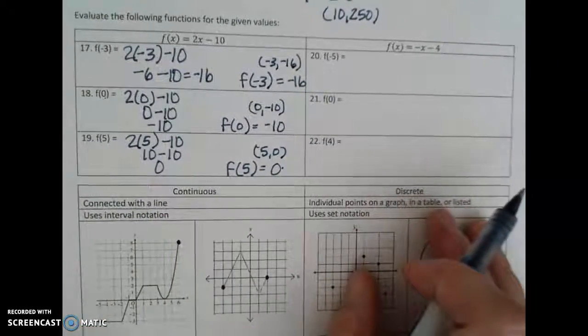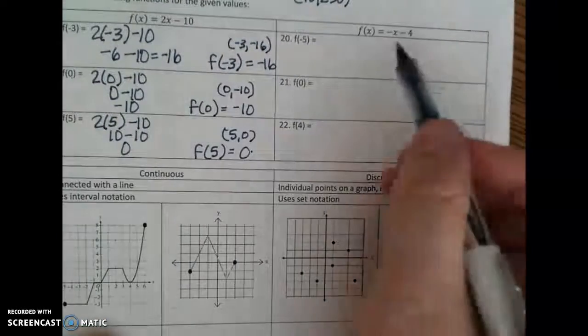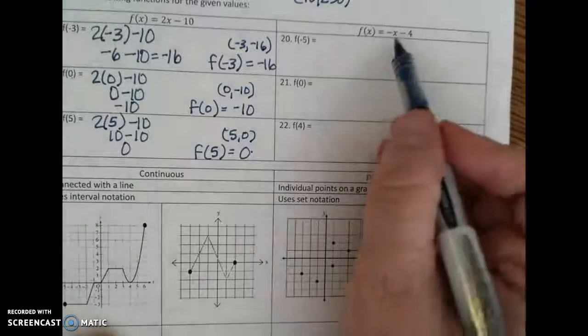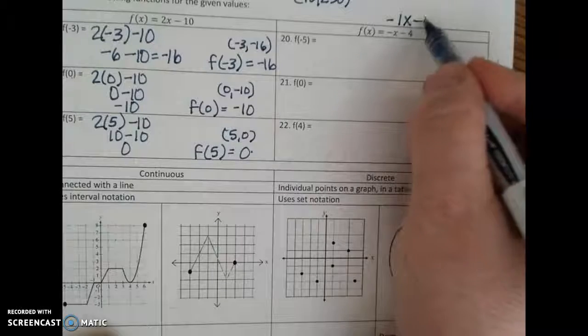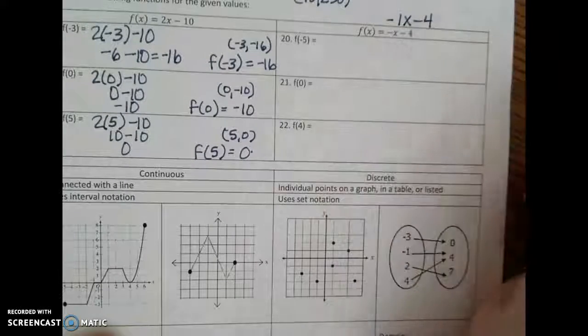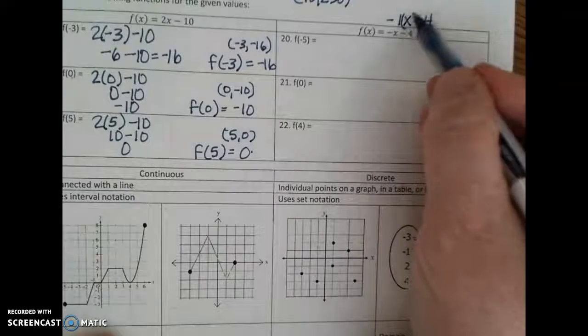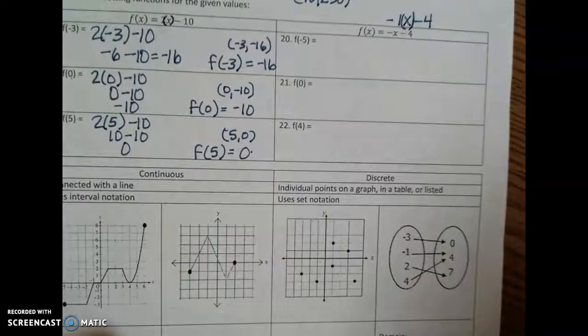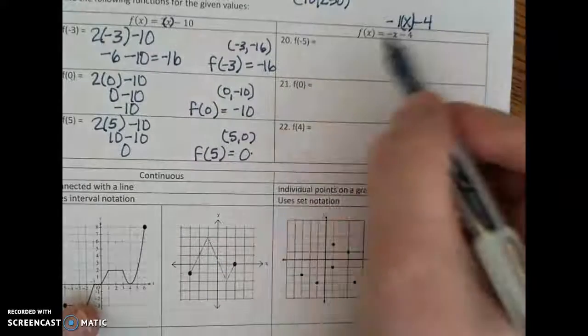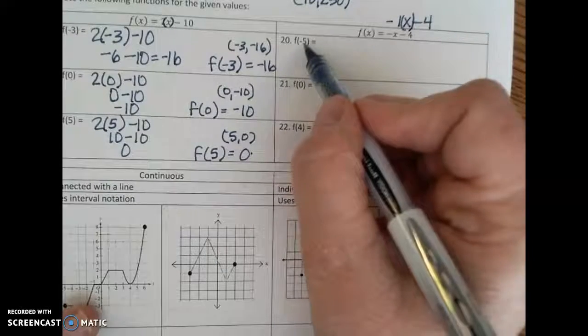Let's look at a different line. I wanted to look at this one specifically because of the negative out front. What that is saying, it's really saying -1 times x minus 4. When you plug in your number, I always recommend you put parentheses around whatever x you're going to plug in. So if x is -5, what is y?